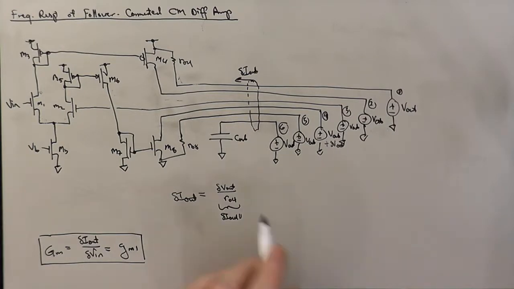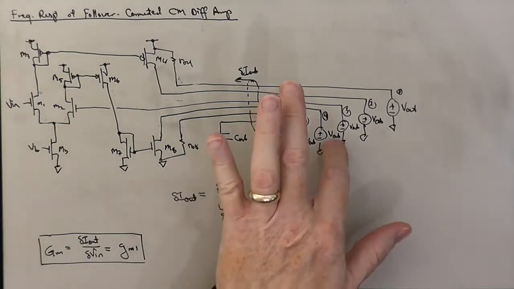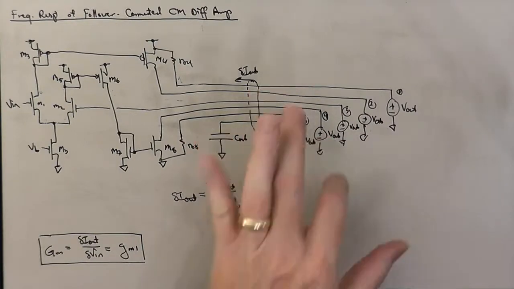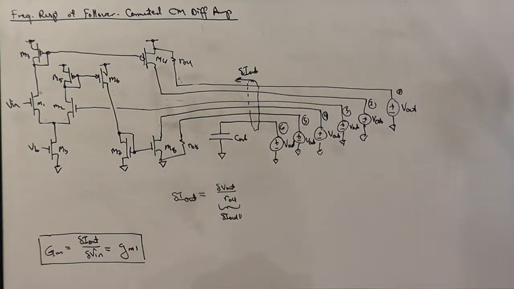We're encapsulating M8's early effect in RO8, and so there will be no current flow in branch 4 due to that change in voltage, and there's nothing else changing in the circuit. So again, we have 6 zero components due to delta V out on branch 4. So we've considered 18, which is half of the 36 possible components, and only one non-zero component so far.